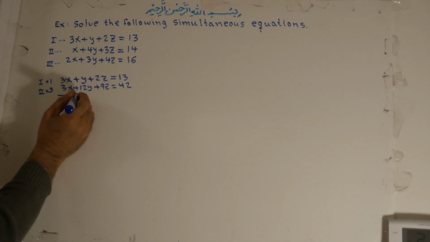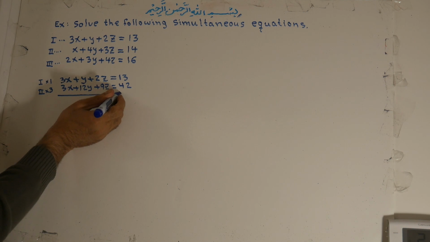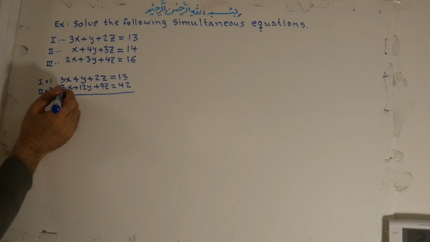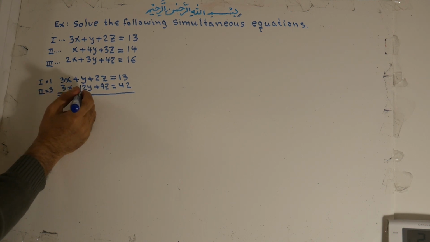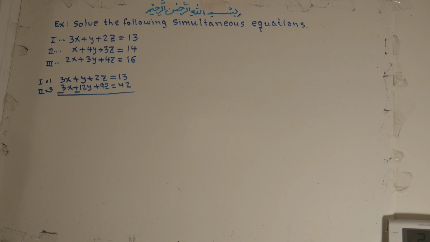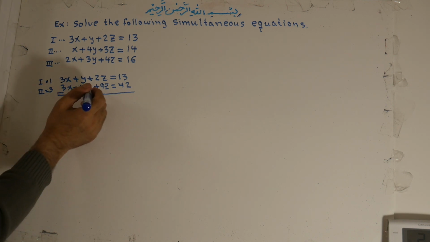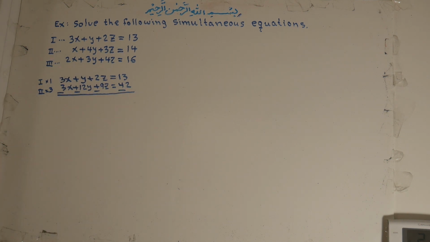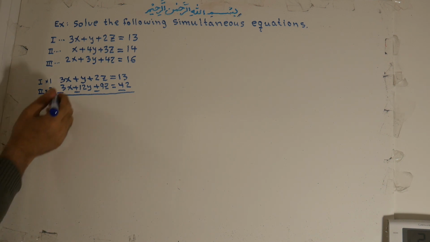Now what we do, we subtract equation number 2 from equation number 1. We change all of the signs of this one. In an equation, if you change all of the signs on both sides, there is no change in the equation. For example, in a scale, if you increase or decrease something on both sides, there is no change.